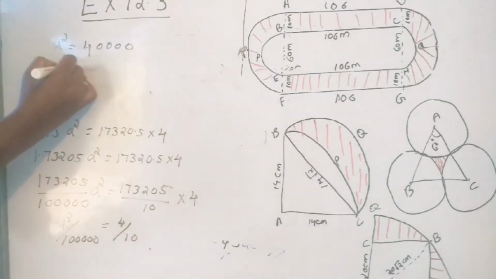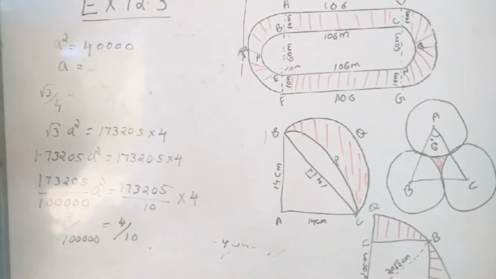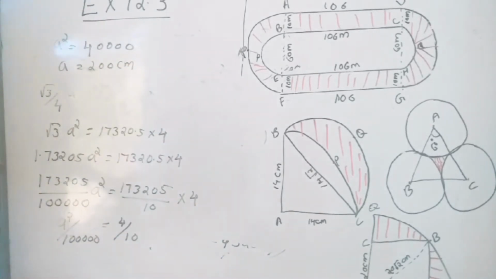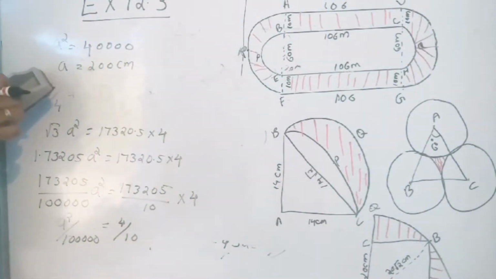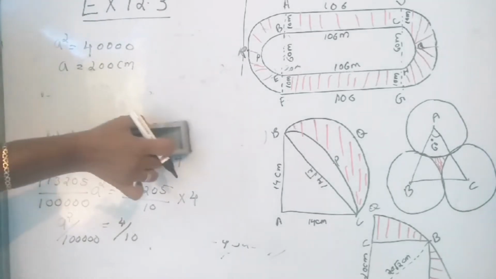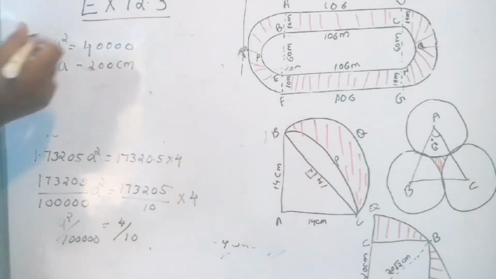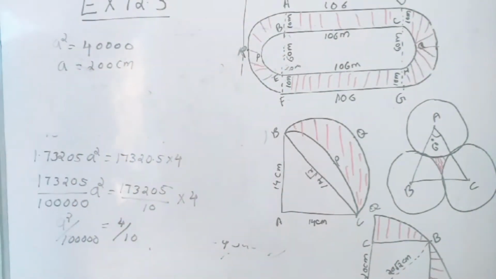Then A is equal to square root of 40,000, that is 200 centimeter. So we got the length of the side of the equilateral triangle ABC, which is equal to 200 centimeter.